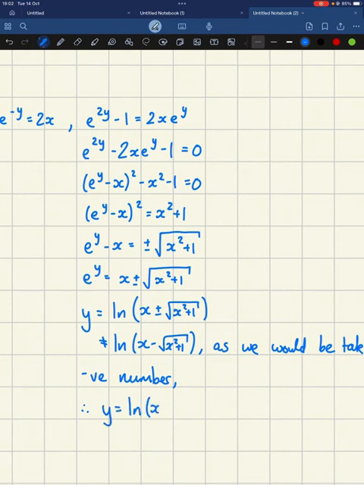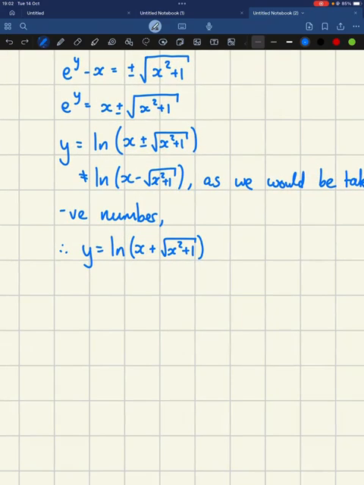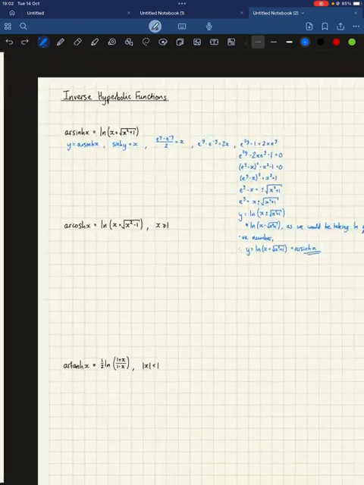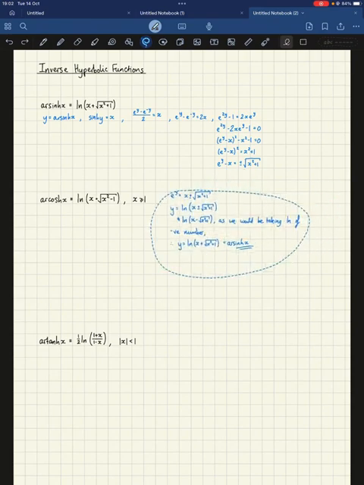Therefore, y is equal to ln of x plus the square root of x squared plus 1. We said earlier y was arsinh of x, so this is equal to arsinh of x. And we have proved it, ln of x plus square root of x squared plus 1.